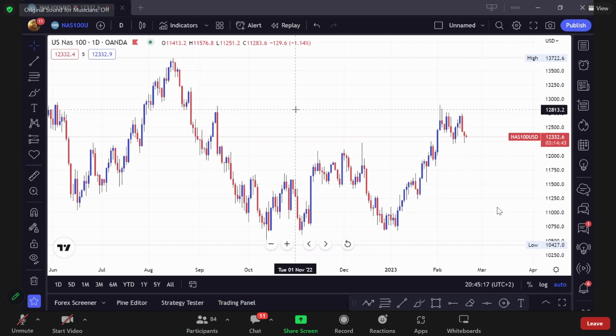Now, this is the difference between a change of character and a break of structure. The break of structure simply breaks structure and continues to respect the trend, whereas a change of character is almost like a break of structure. The only difference is that it's not a continuation of the trend.